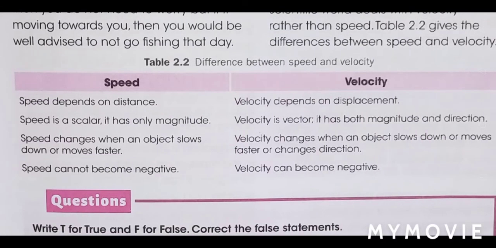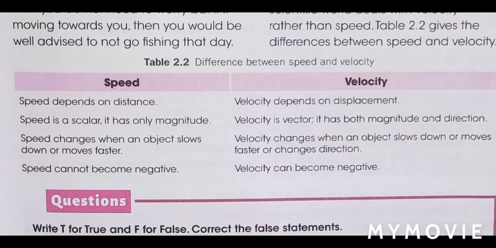Now the second difference: speed is a scalar quantity because speed is only magnitude. Velocity is a vector quantity because velocity has both magnitude and direction. That is the second difference.